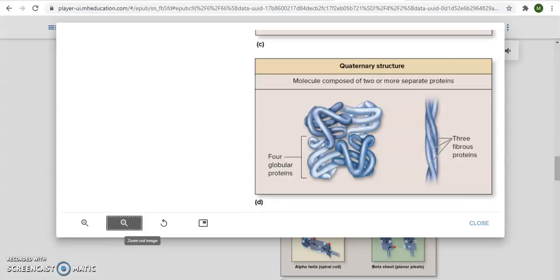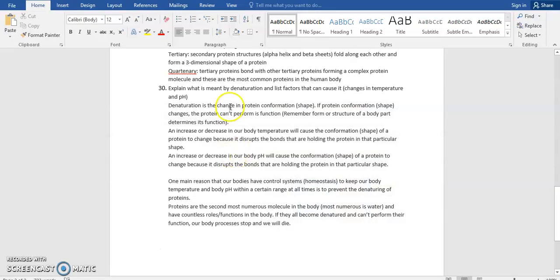Remember I said this hemoglobin molecule has to stay that shape or it can't carry oxygen. So if it gets denatured, it loses this shape. It doesn't have that shape anymore, and then it can't carry the oxygen. So we call that denature.